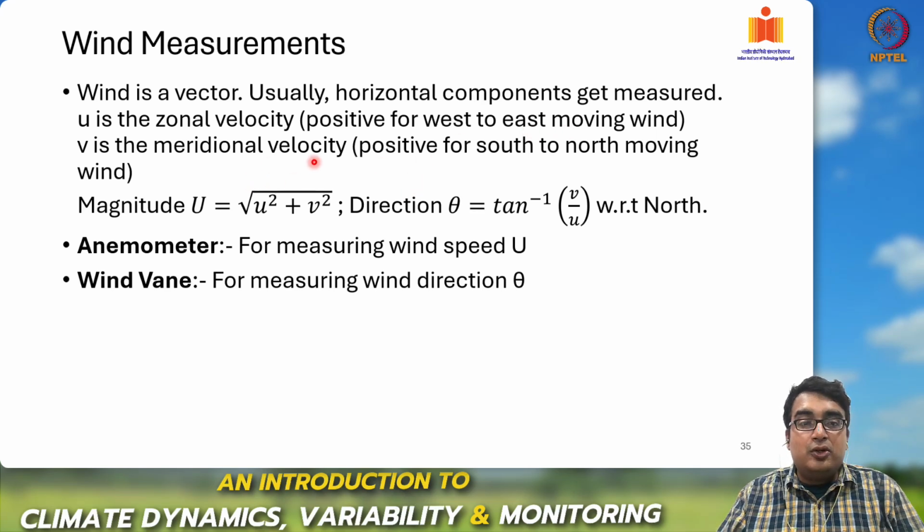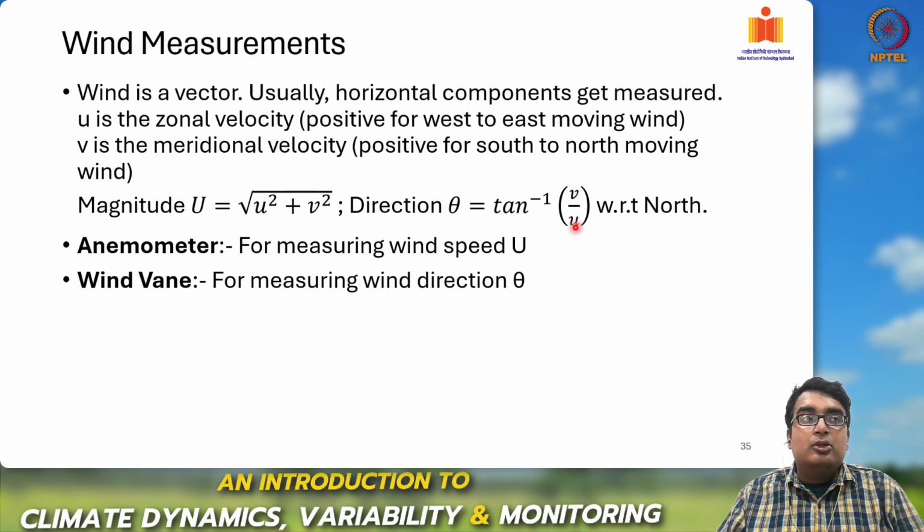V is the meridional velocity, which is positive for south to north moving wind. The magnitude, the total horizontal wind speed, is the square root of U squared plus V squared. And the direction can also be obtained as tan inverse of V by U with respect to the north.